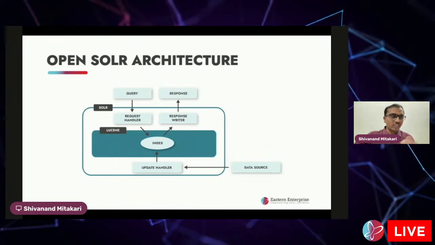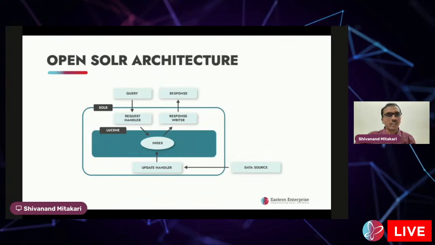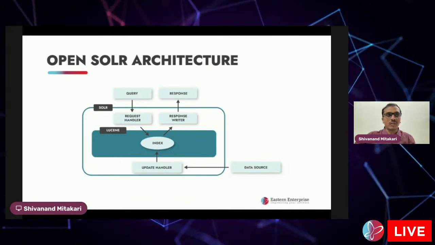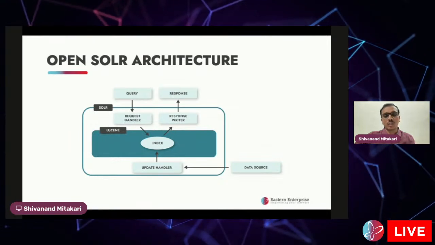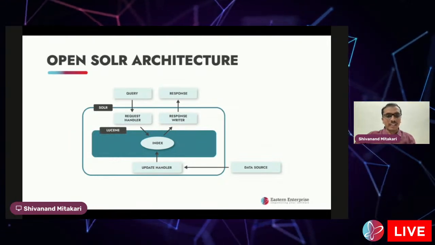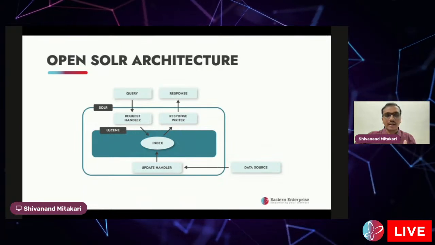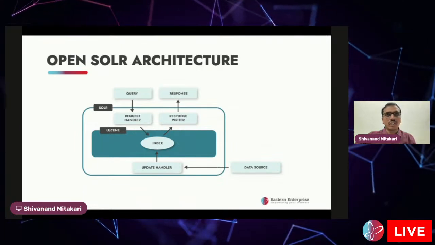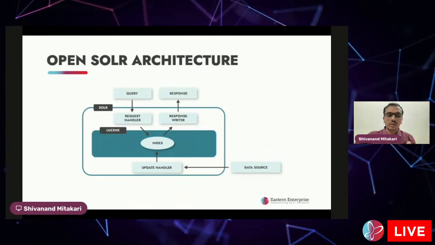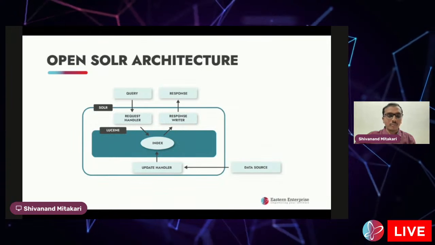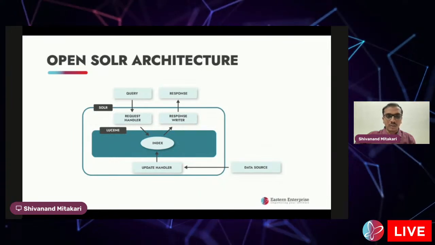Select queries, if you want to fetch information from Solar, whatever data you have indexed. Updates, whenever you want to update any index, whenever you are updating any content in your website, those can go to Solar as updates. And in the case of the response writer, Solar provides different types of responses. It provides JSON and XML responses as well, and those are provided by default by Solar.